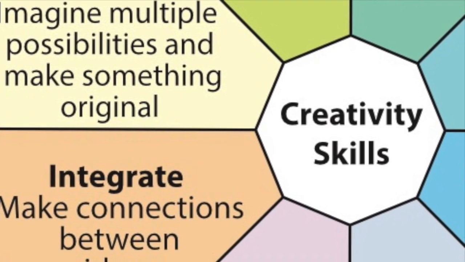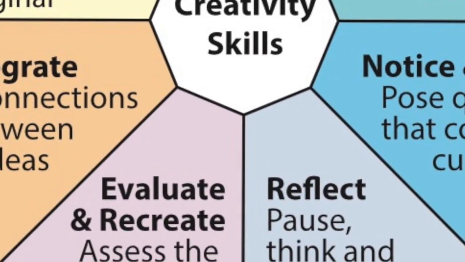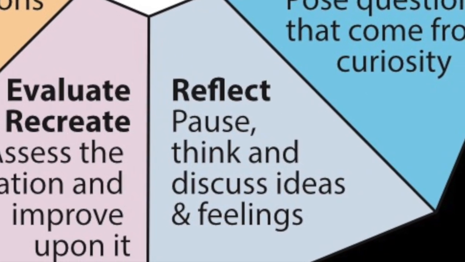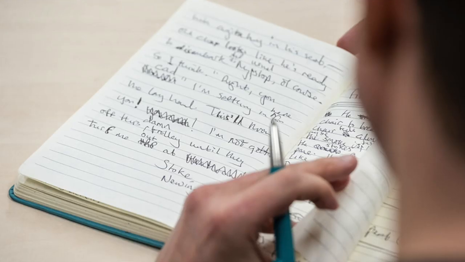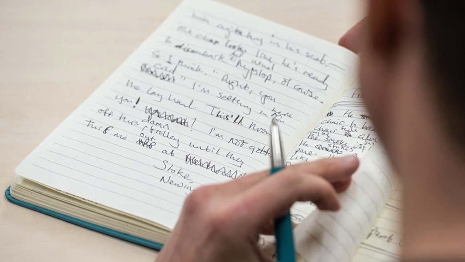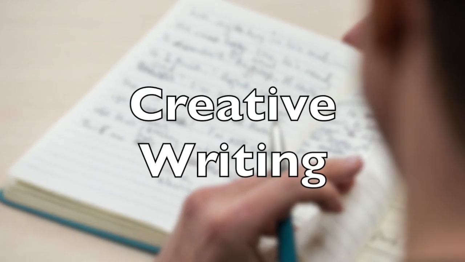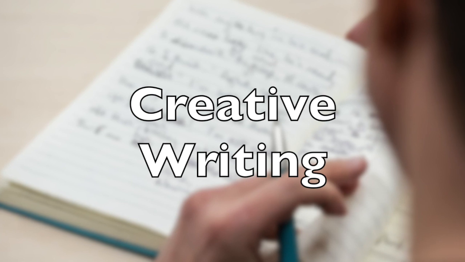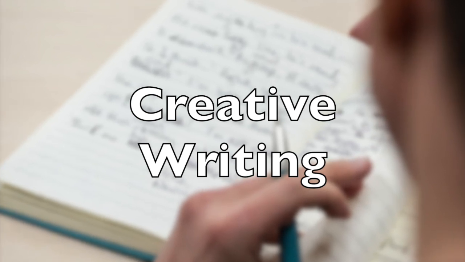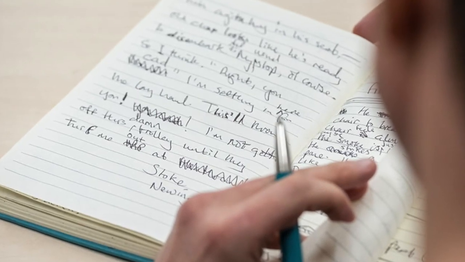They may also need to reflect, to think and discuss these ideas. Students may not be used to this kind of work, and just like with creative writing, the teacher and the class have to support the ideation process.